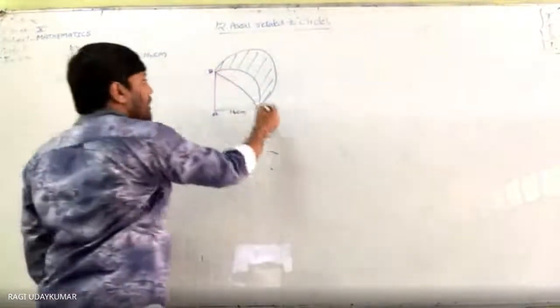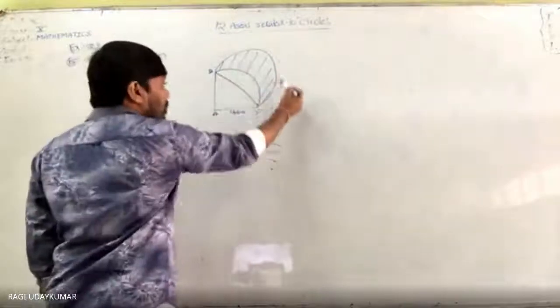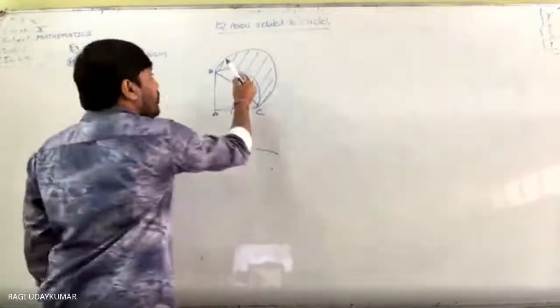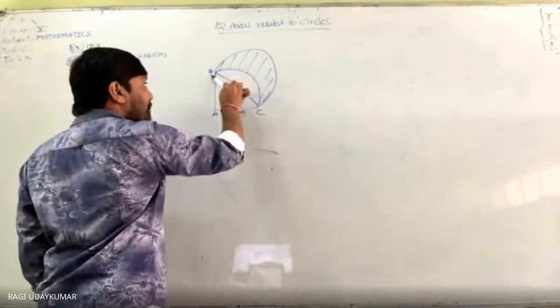Suppose you find the area of the semicircle, then you get this complete area. From this, this part's area should be subtracted.